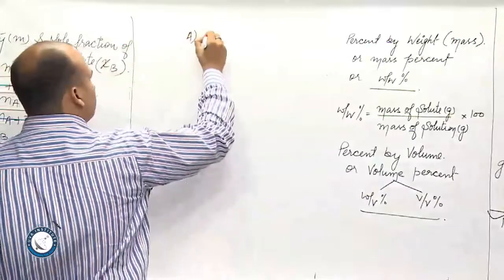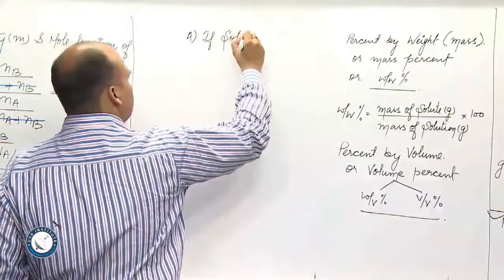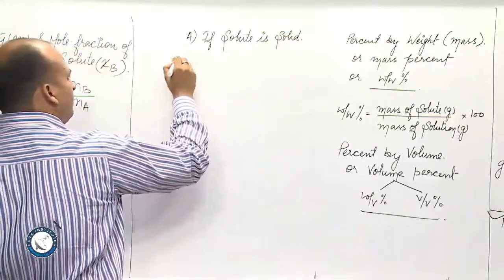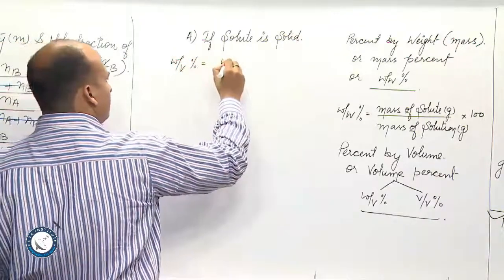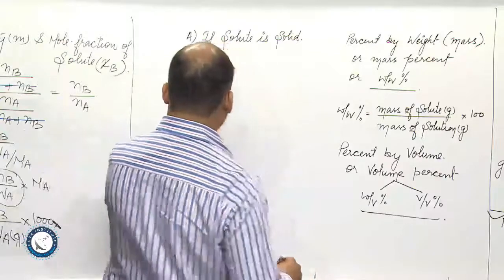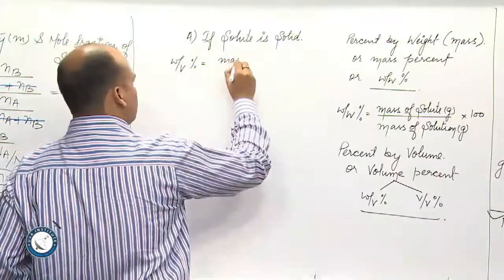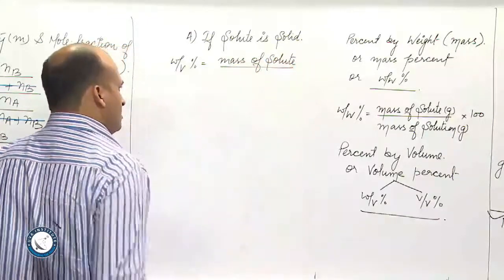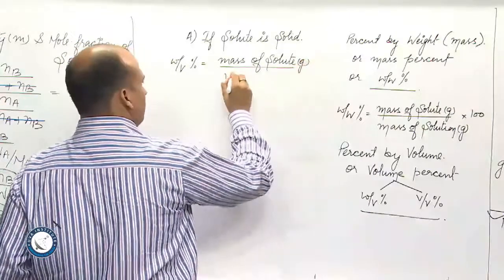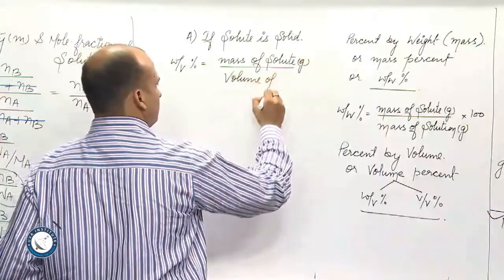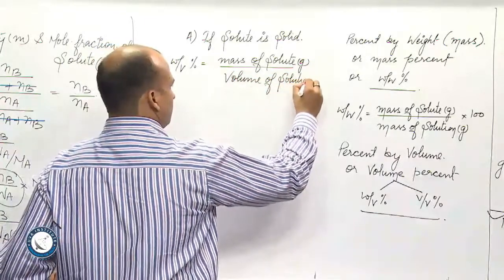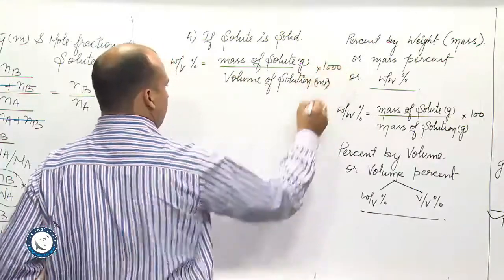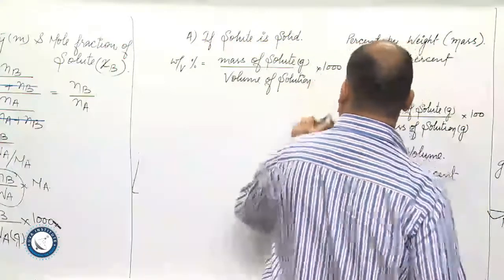Case A, if the solute is solid, we will be using W by V percent is equal to mass of solute in grams upon volume of solution in milliliter multiplied by 1000.